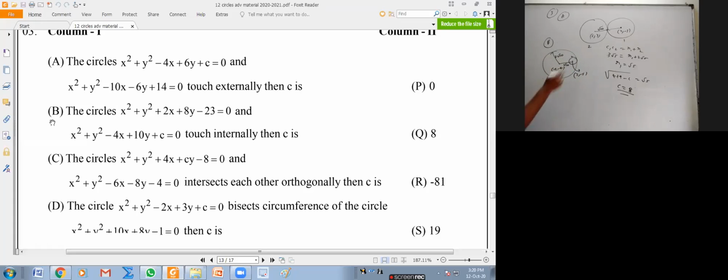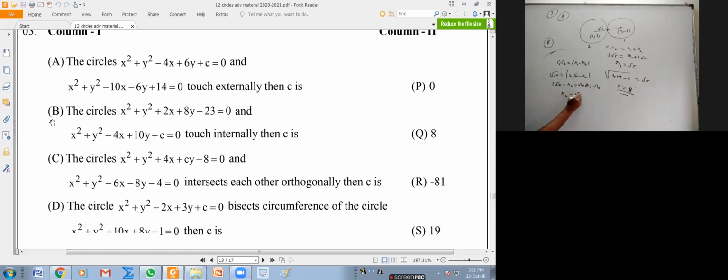Of course, the second circle can be bigger or smaller, so there are two ways. So let us use C1C2 equal to mod R1 minus R2. The distance between centers is root 10. Let us say first circle is 2 root 10 minus R2. So 2 root 10 minus R2 is equal to root 10 or minus root 10.